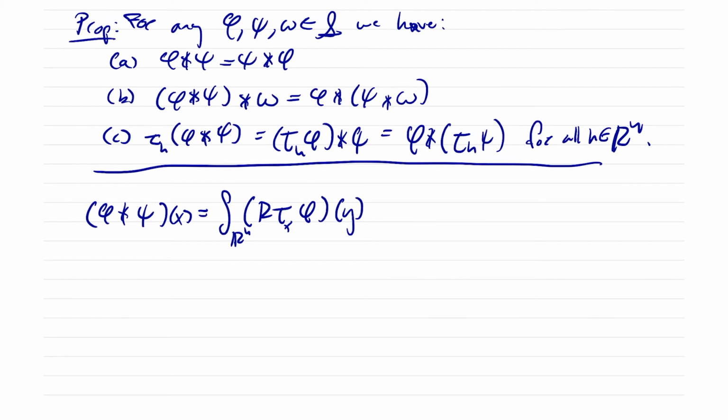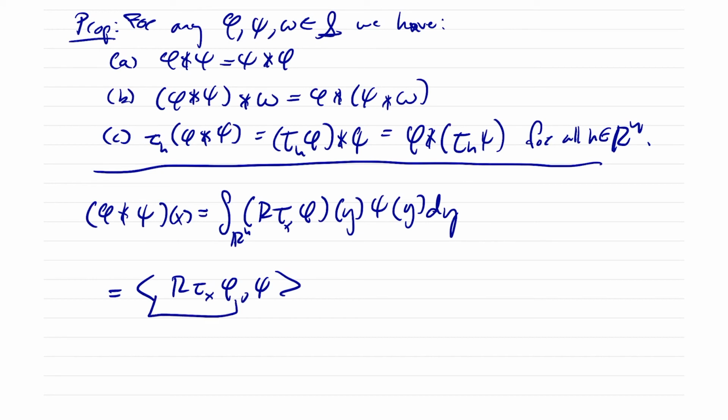Evaluate this at y, and then take psi of y dy, and we can see then that this is actually just R tau x of phi against psi, where we take this as sort of the regular distribution.